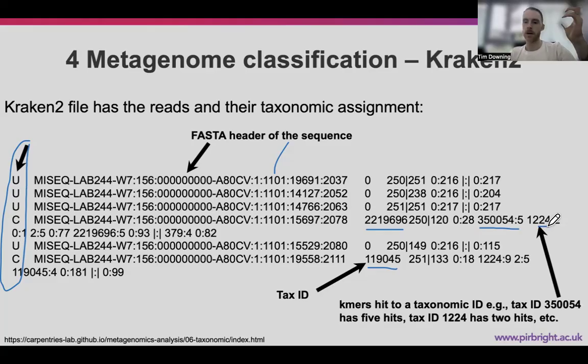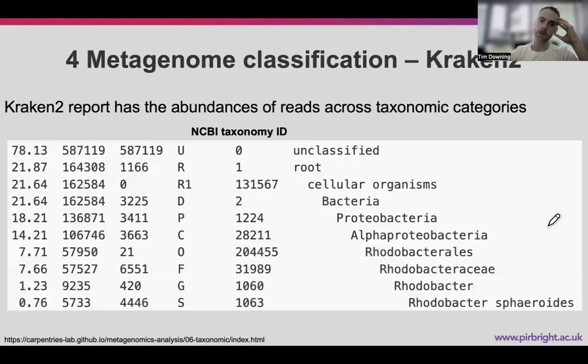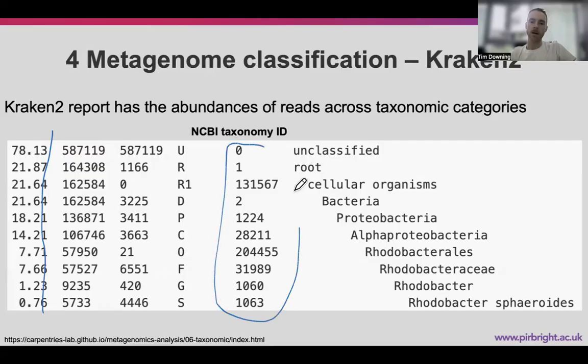So this information is more visible here, where we have the fraction of the total reads over here, and this is the taxonomic ID here, the taxonomic code. So you can see that we have a lot of Rhodobacter, but as we go up, we see increasing allocation of reads at different levels.